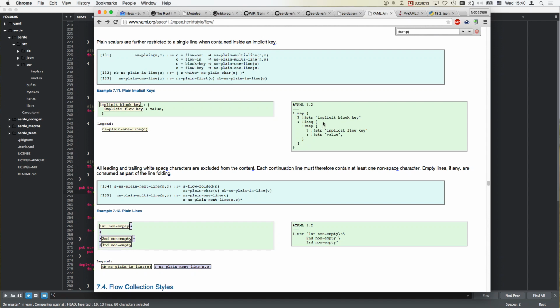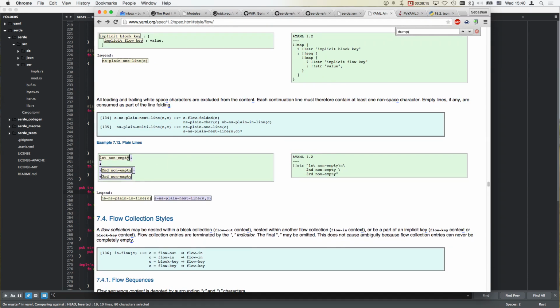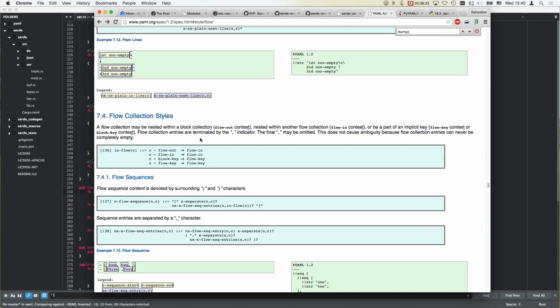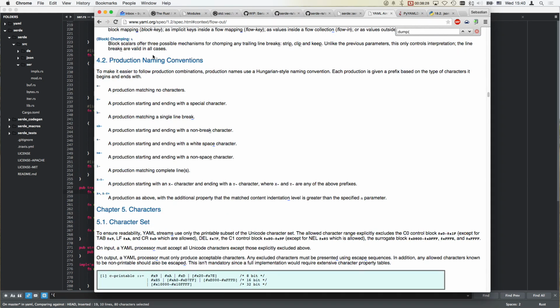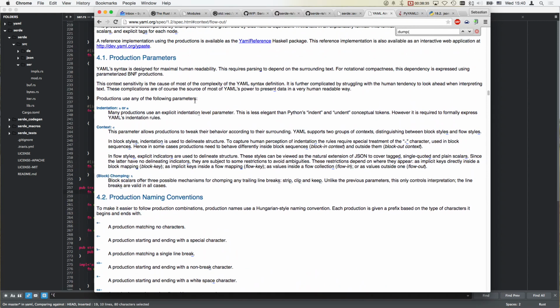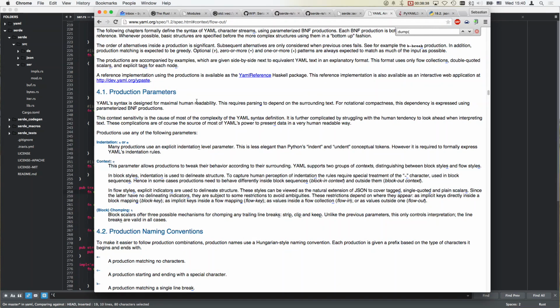Implicit block key. Yeah, it would be great to see kind of a real YAML document. It's nice that this is linked. Even though right now I have no idea how to read this properly. How does parsing depend on surrounding text? For notational compactness, this dependency is expressed using parameterized B and F productions.